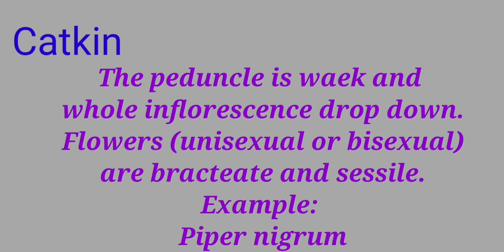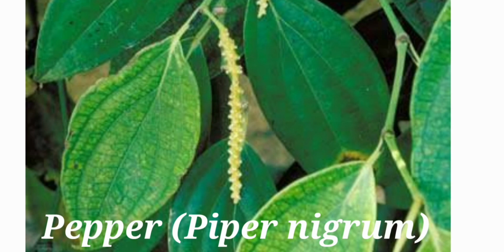So it is also called ament. Example for this is Piper nigrum, that is the pepper plant, and this is the inflorescence of the pepper plant, where you can find the inflorescence which is drooping down, which has bisexual or unisexual flowers.